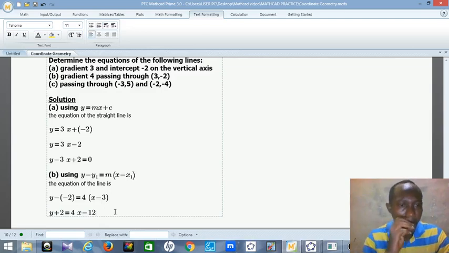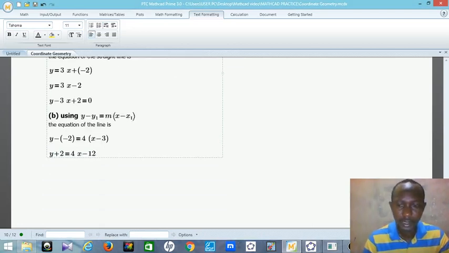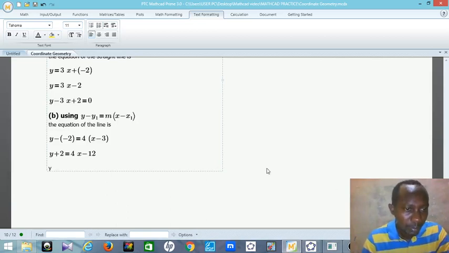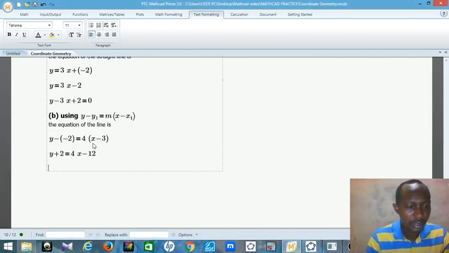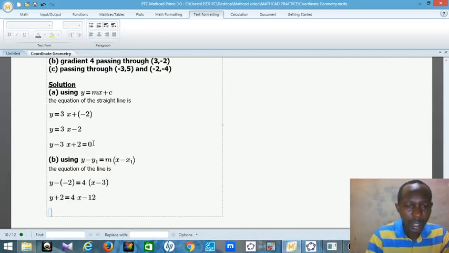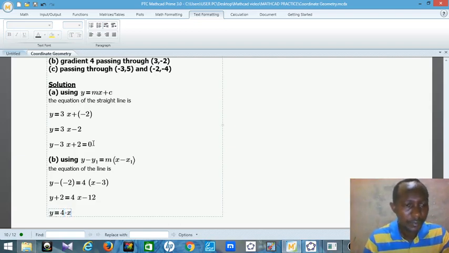Then at the end of the day, you represent your equation in the gradient intercept form first. So I'm going to have y, if I take plus 2 to the other side of the equation, plus will become minus, so y equals 4x minus 12 minus 2.